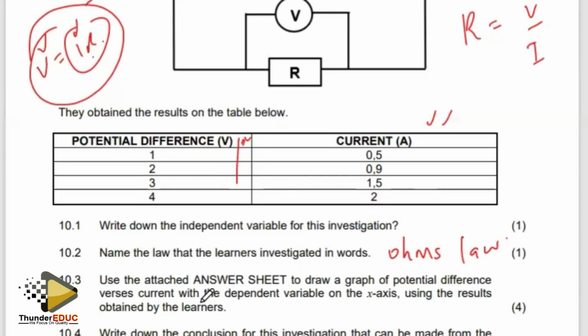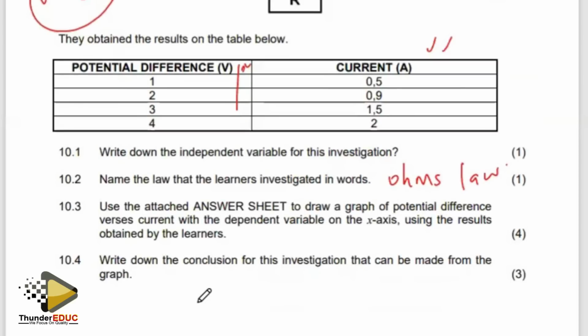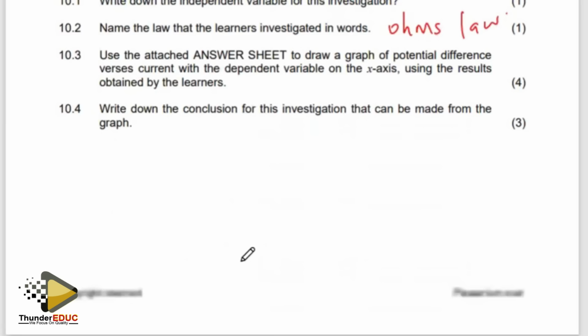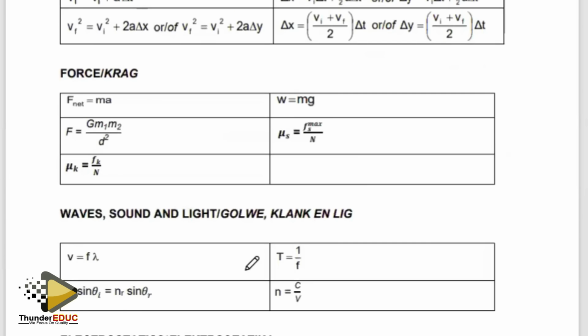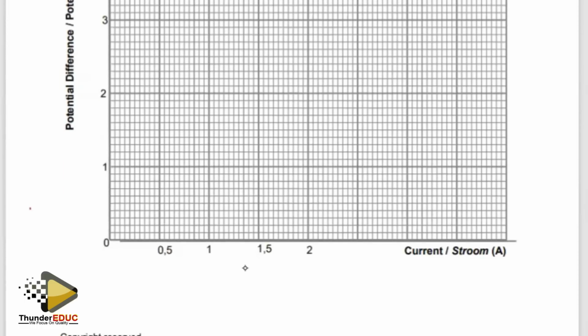All right, then 10.3, use that as your answer to draw the graph of the potential difference versus the current. So 0,5, 0,9, 1,5, and 2. So potential difference, when it is 1, we say it's a 0,5.